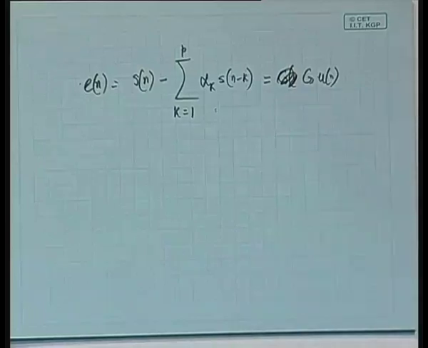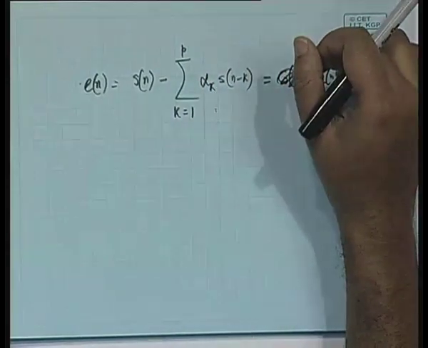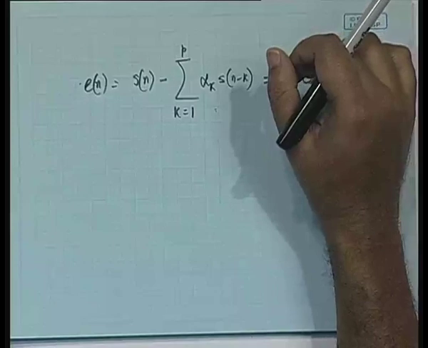The benefit that we are getting from this E of n is that you can notice what the characteristics of this E n will be. Now, when the signal suddenly attains a peak, we predict based on the past samples, but the past samples may still be smaller in magnitude, and then we are predicting the present sample, which has already attained a larger value.